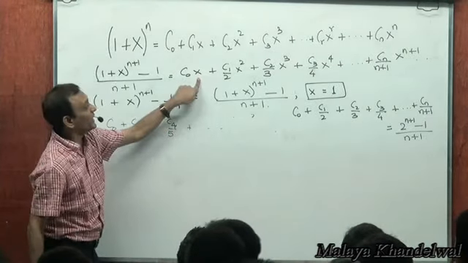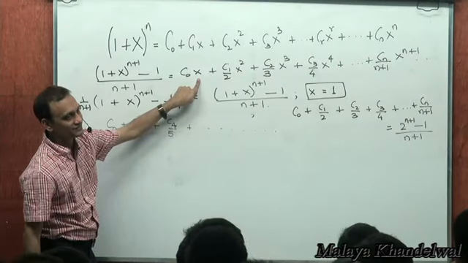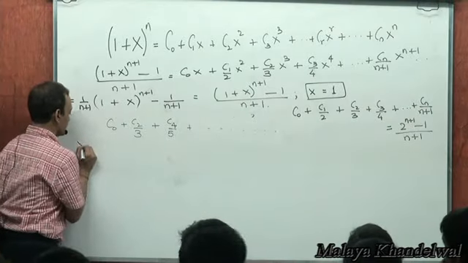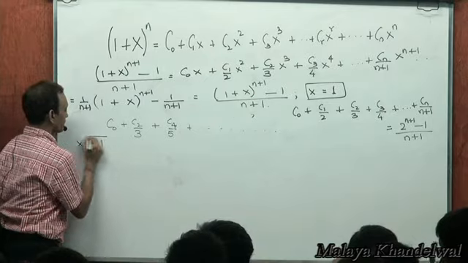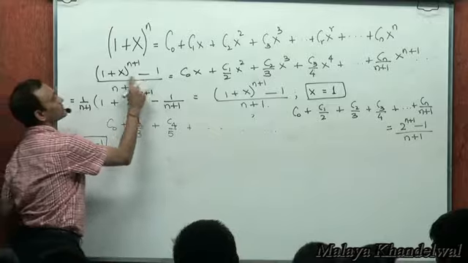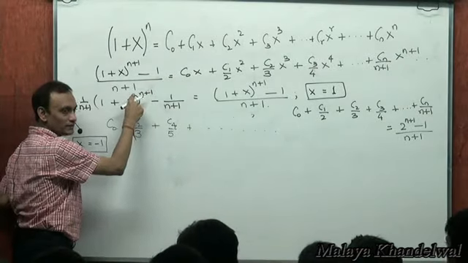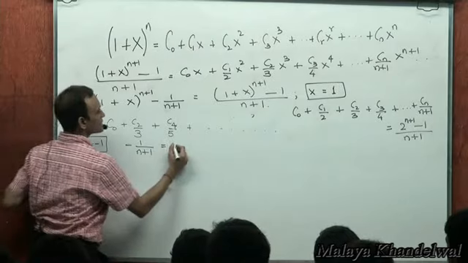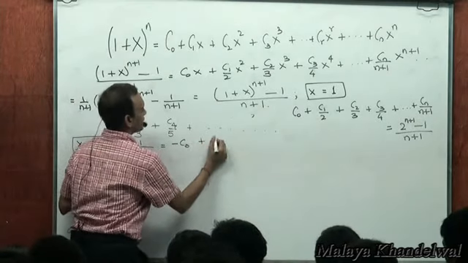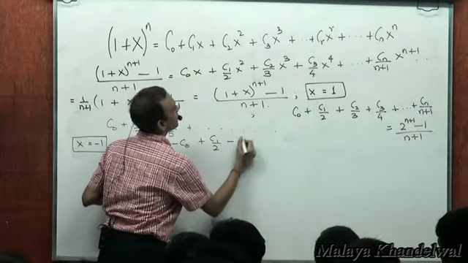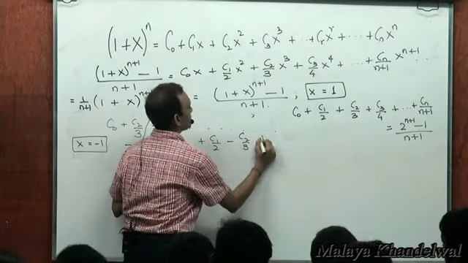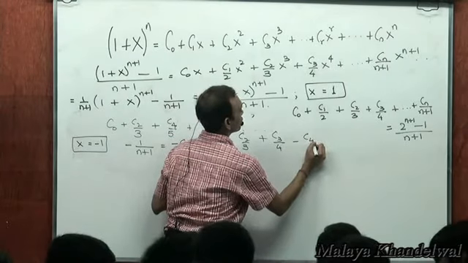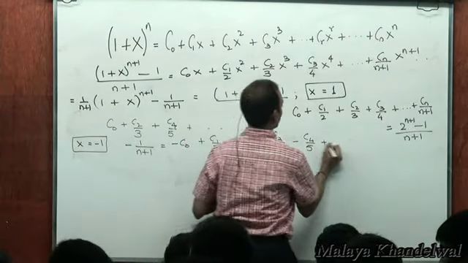See, if you plug in x equal to minus 1 here, what would you get? If you plug in x equal to minus 1 there, then you get minus 1 by n plus 1 equals minus c naught plus c1 by 2 minus c2 by 3 plus c3 by 4 minus c4 by 5 and so on and so forth.